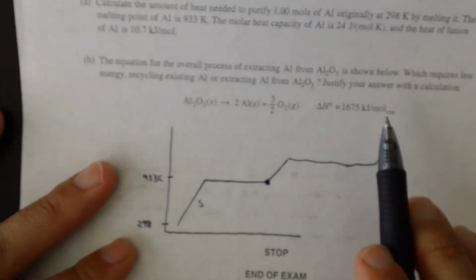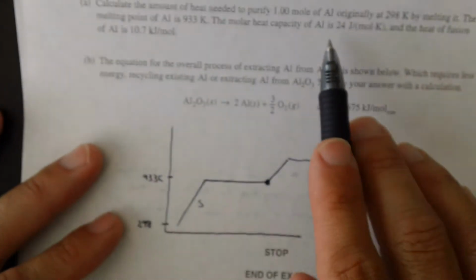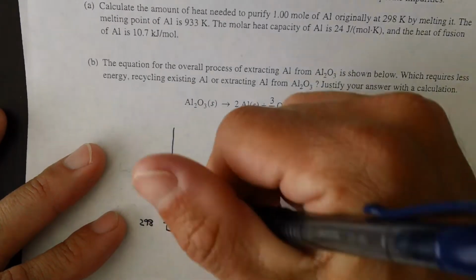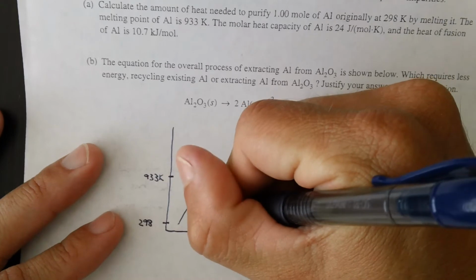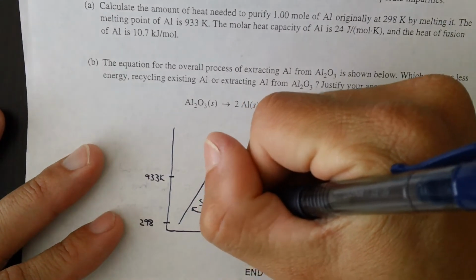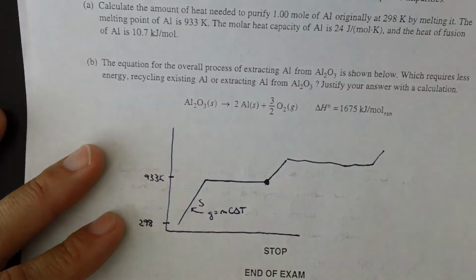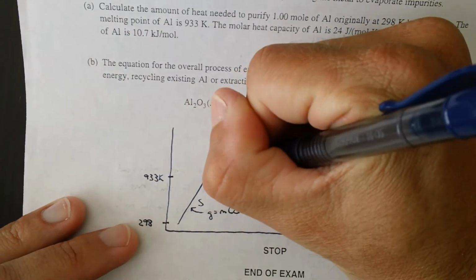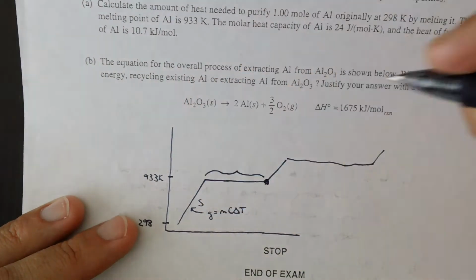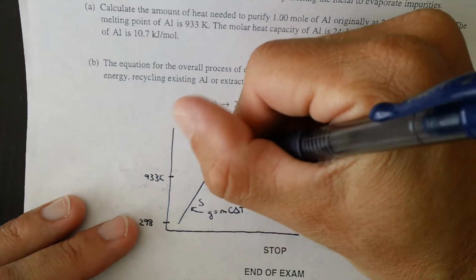So the reason we have two constants here is this constant is for the specific heat. This is Q equals MC delta T when we're increasing the temperature. And then this flat part here, that's the molar heat of fusion.